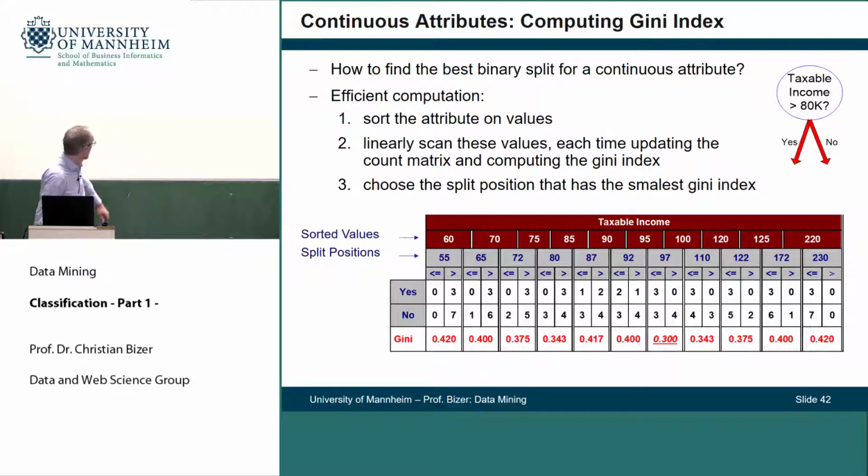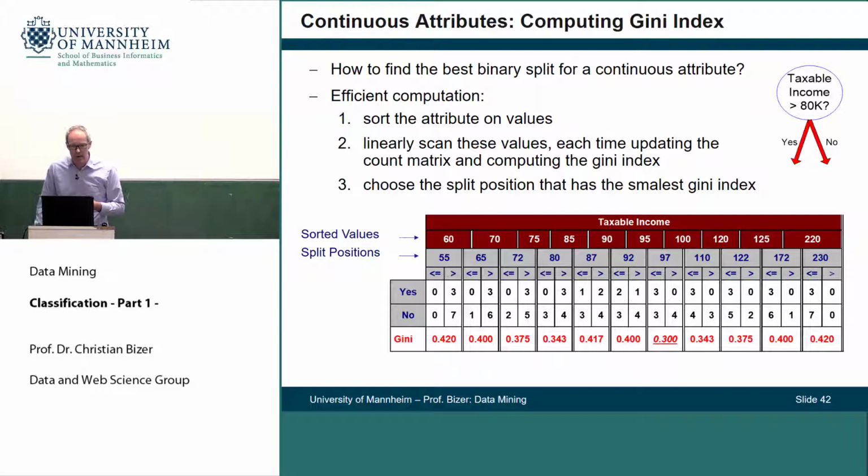We count through our examples and we end up with none of our examples having such a low income value. So no matter if the example is a class yes or a class no example, none has this value. All 10 examples have higher income values than 55. These are again our counts. From these counts, we can just calculate the Gini as we did before, and we end up with a Gini of 0.42.